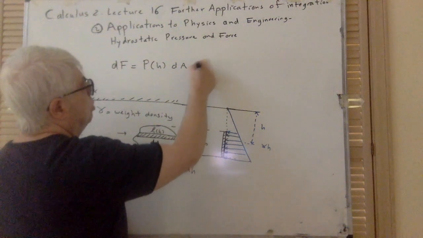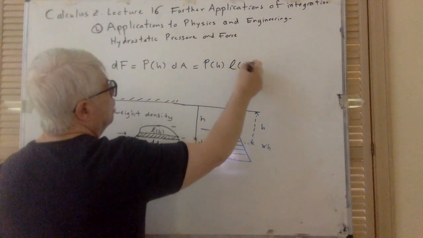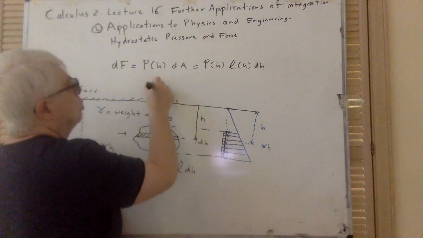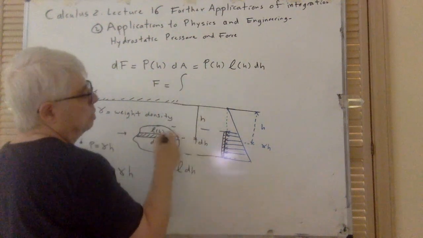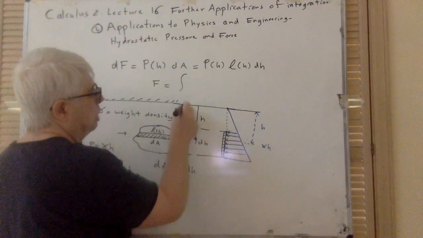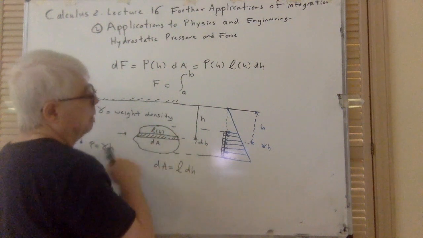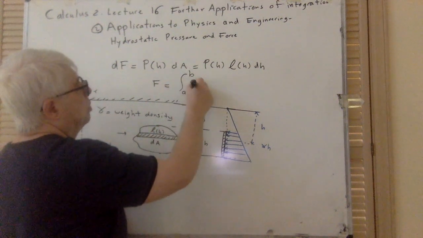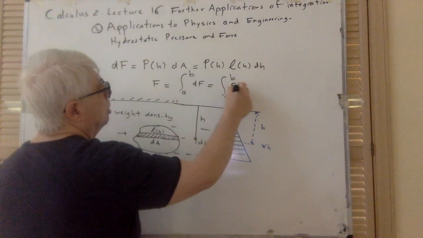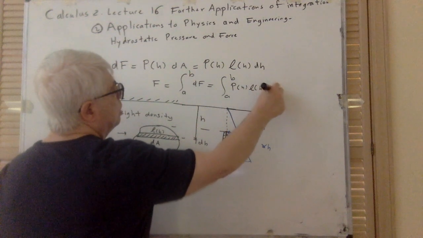So this will be P as a function of h, L again as a function of h, and dh. So the force will be the integral from, say, A to B, where this starts here at A and goes to B, of this dF, which is the integral from A to B of P(h) L(h) dh.